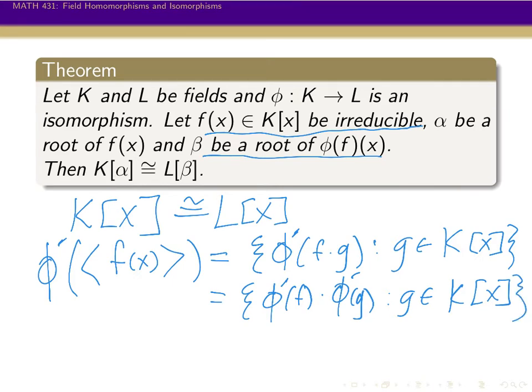But then, since this is an isomorphism, anything in L adjoin x can be written as an image of something in k adjoin x. So this is really phi of f times anything, let's call it h, where now h is in L of x.